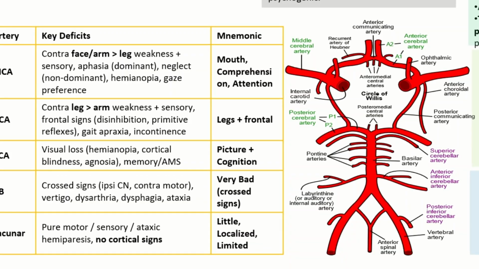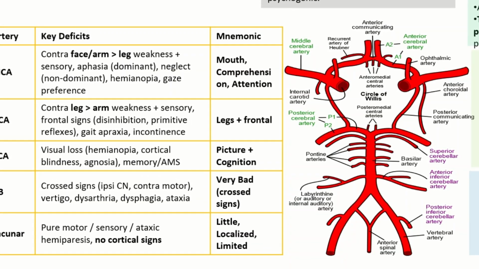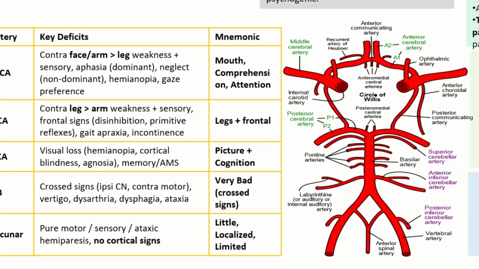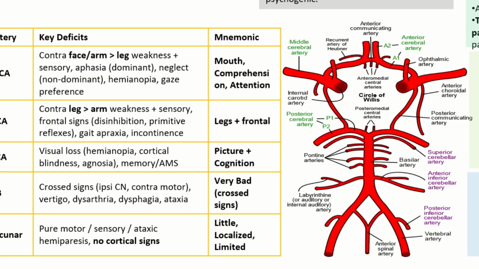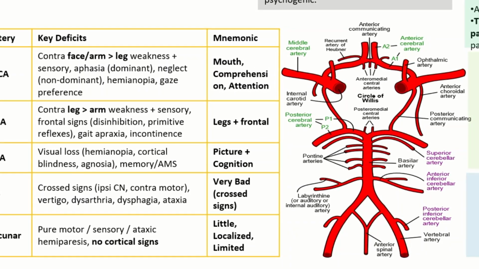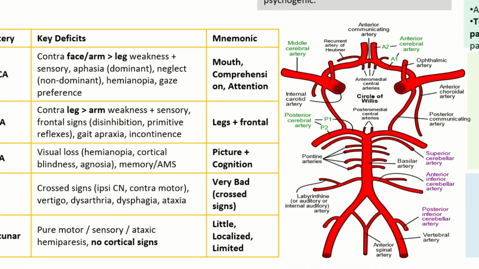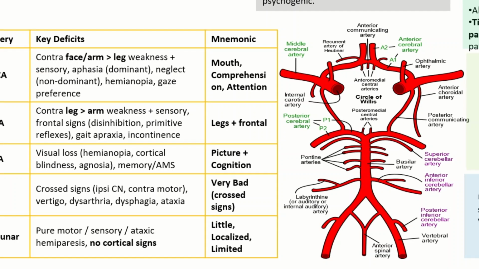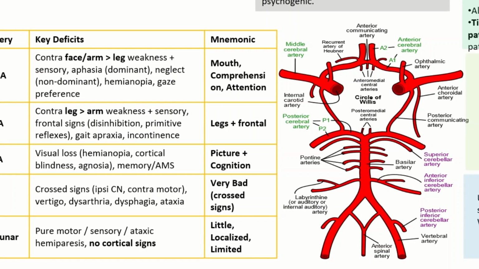Then the anterior cerebral artery is also a branch from the internal carotid, and we're going to have contralateral leg weakness. The weakness in the legs is going to be more than the weakness in the arms, unlike in the middle cerebral, and then we shall have sensory and frontal signs coming in.